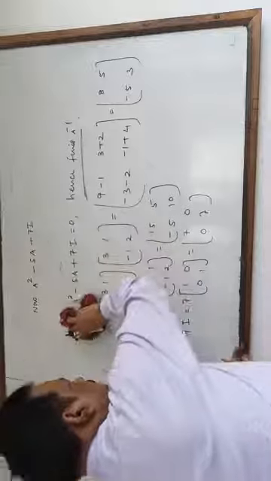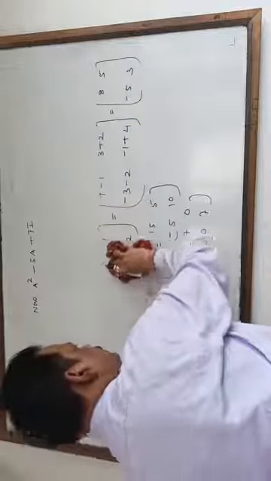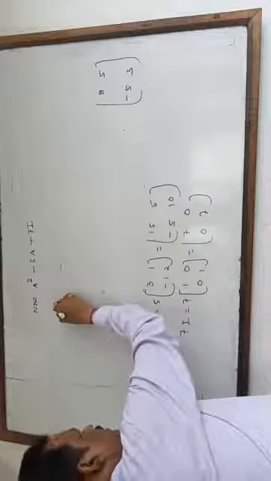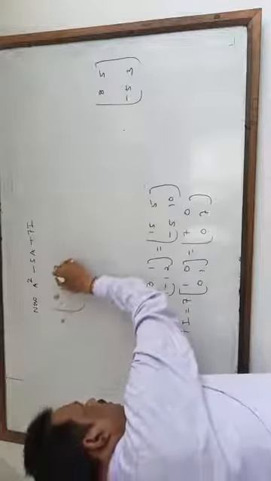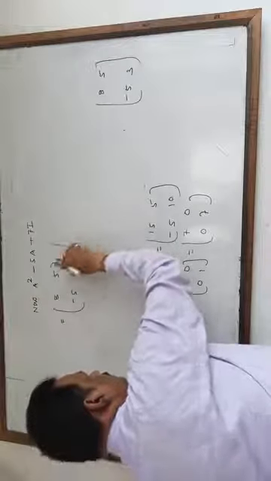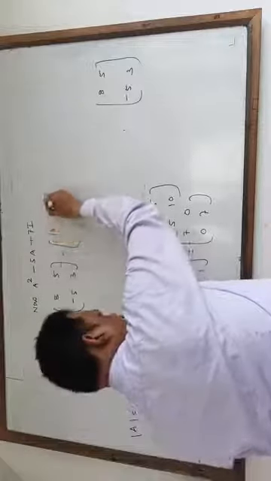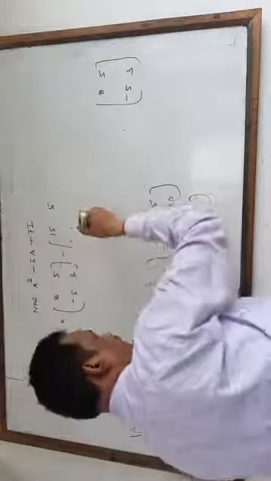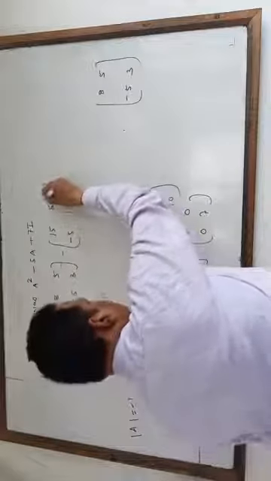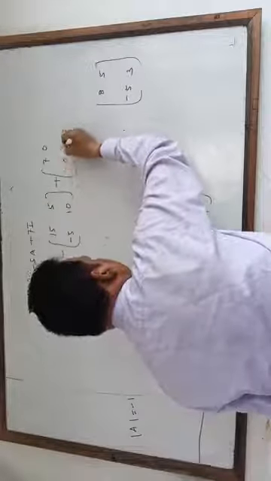Let's write everything here. A square is 8 5 minus 5 3, minus 5A is 15 5 minus 5 10, then plus 7 0 0 7.